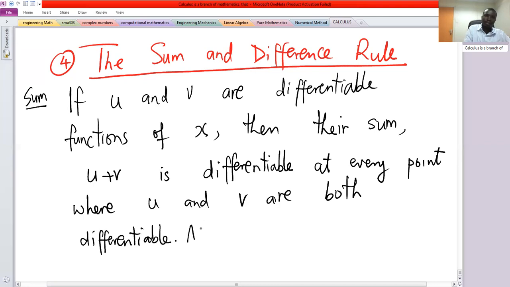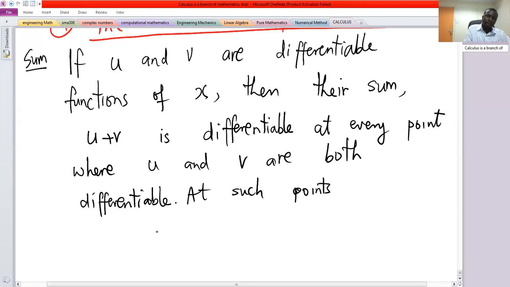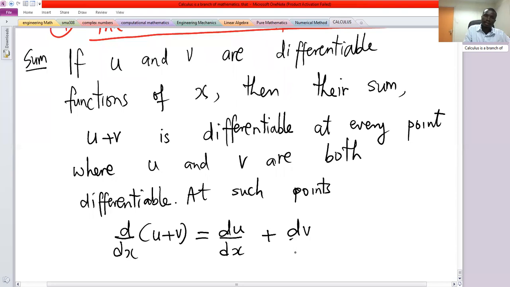At such points, d/dx of u plus v is given by du/dx plus dv/dx.